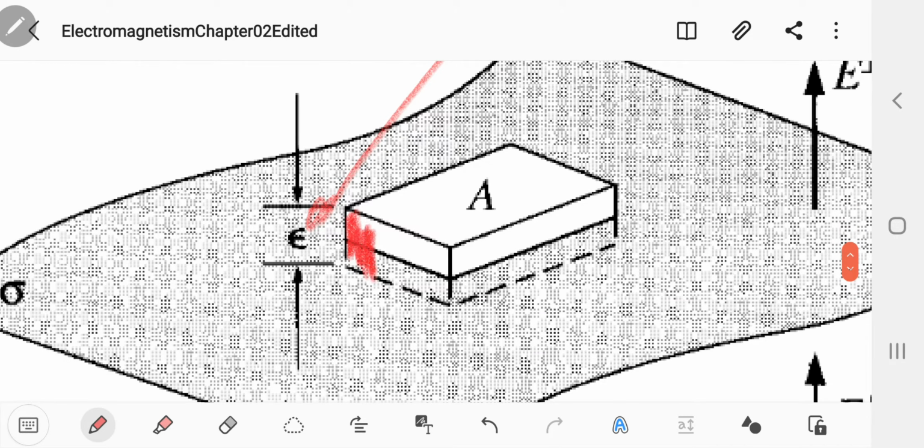The thickness will become really small because you have to make your electric field perpendicular to the surface. That's why you have to make this area very small, and then in order to really get the discontinuity at the surface, you have to let this epsilon approach 0.